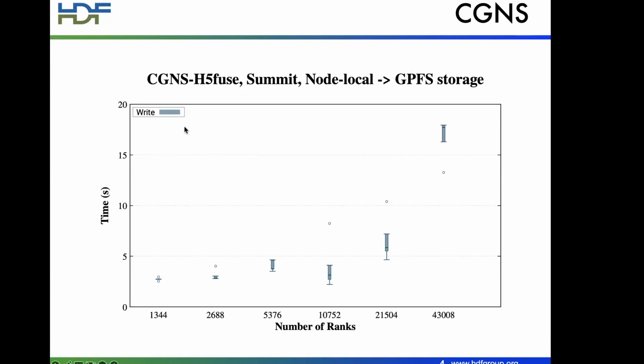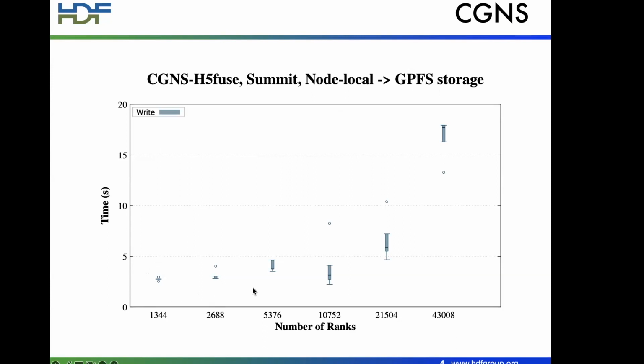What we'll do is take the fuse files that are on the node local storage and transfer them over to Summit's GPFS storage system. I write this to one single shared file on GPFS by putting those together, and it uses dd essentially to combine all those files together.